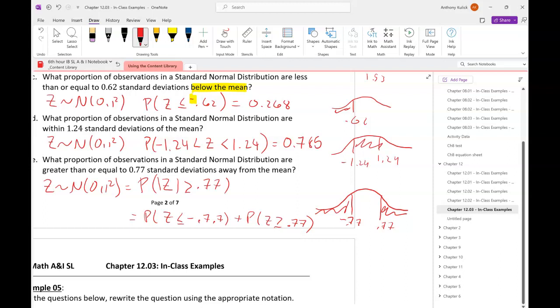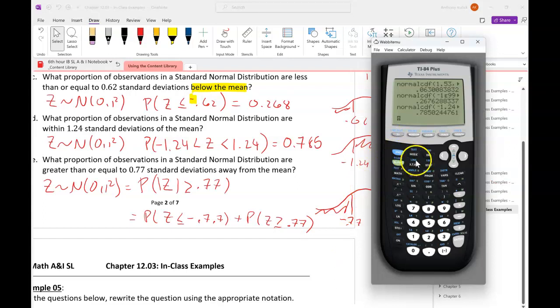I'm going to have to do this as two normal CDFs. So I'll do the little one first. Oops, just forgot that negative sign.